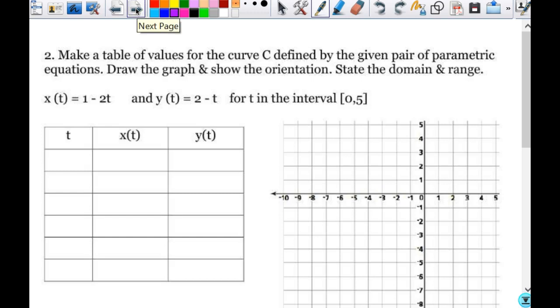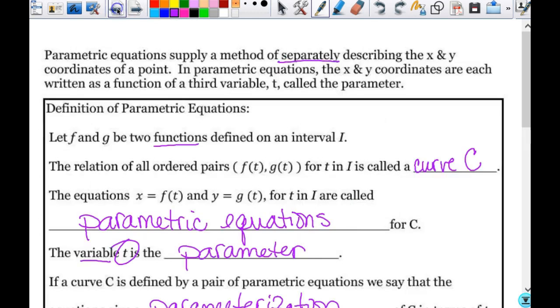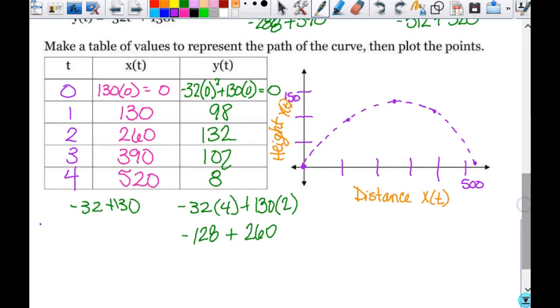So let's look at the next one. We're going to make a table of values for the curve C defined by the given pair of parametric equations. We're going to draw the graph and show the orientation. Oh, that's what I forgot on this one. Because these do show the actual path, unlike the other ones, we have to add little arrows. Where I start here, the path of my ball actually goes like that.